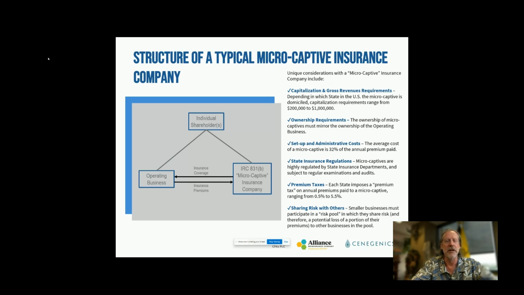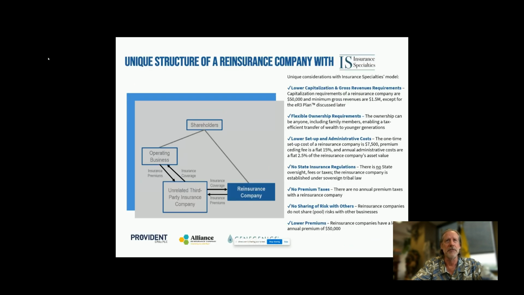And then you generally have to share risk with other business owners, not just with yourself and an insurance company. So there's some great benefits to having a micro-captive, assuming the IRS doesn't have them in the crosshairs. But there's also some significant costs with going down the path of a micro-captive.